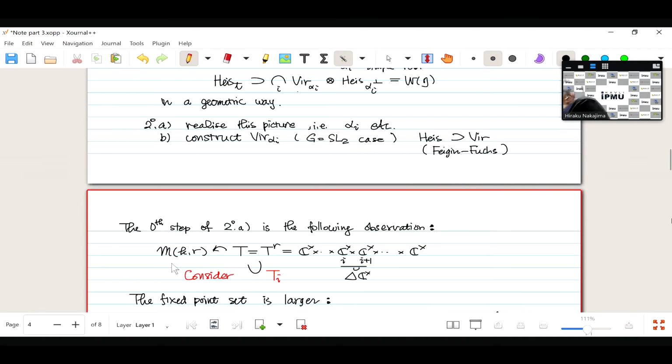Let me again consider MKR, and I emphasize again that there's an R-dimensional torus action. But now I consider a smaller torus, Ti. So I pick up the i-th factor and the (i+1)-th factor, and I replace this 2-dimensional torus by a 1-dimensional one, which is given by the diagonal.